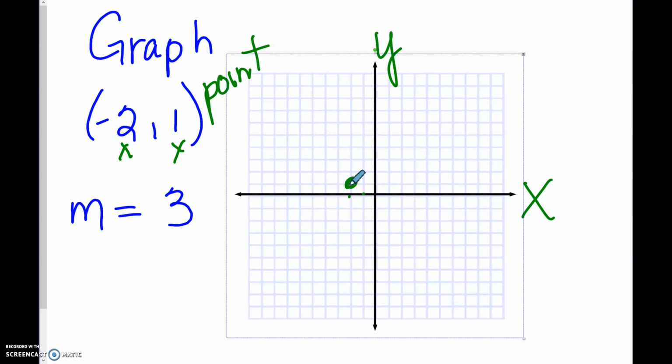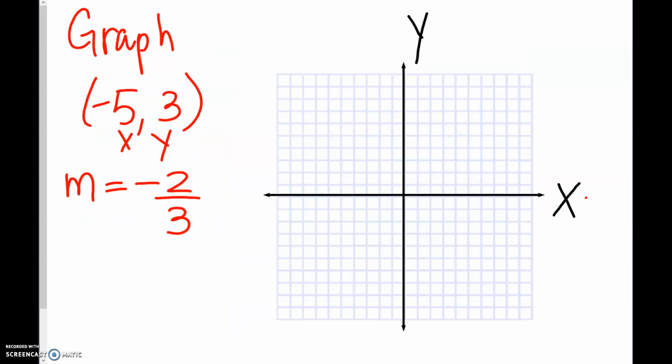Now you need to use your slope, and remember we put a 1 underneath it. So up 1, and because both numbers are positive, I'm going to go right. So it's up 3, 1, 2, 3, over 1. And then we can connect them and put arrows on the end.